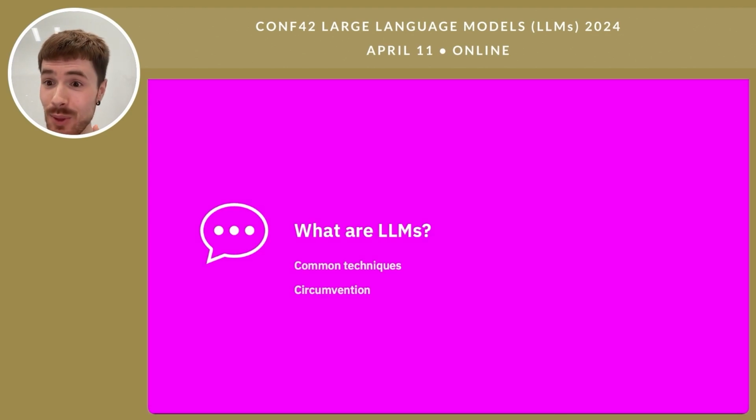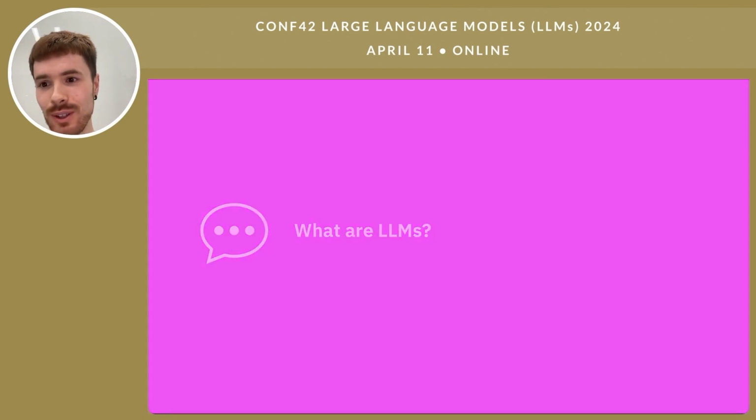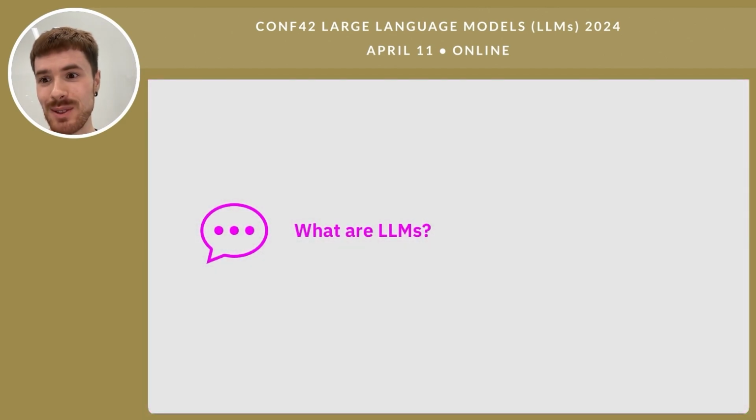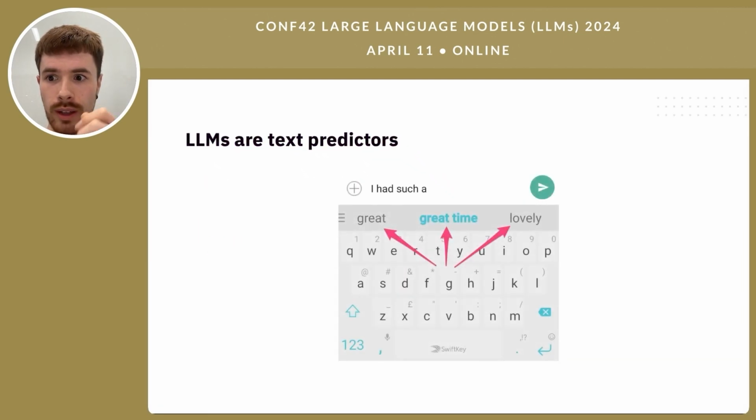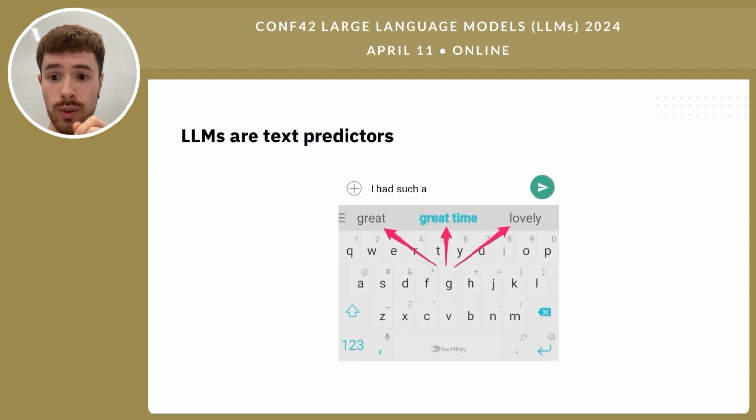And the first of the things that we need to know is what are LLMs. There's lots of ways to explain this, right? But in the context of this presentation, we just care about the fact that LLMs are text predictors. So it's like when you're writing a text for someone, your keyboard is predicting the next word all of the time.